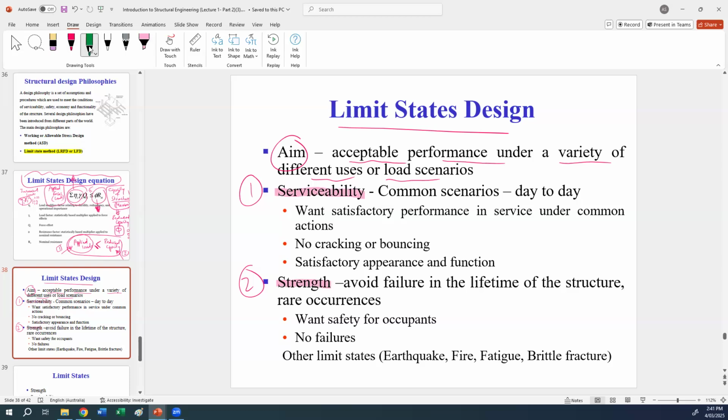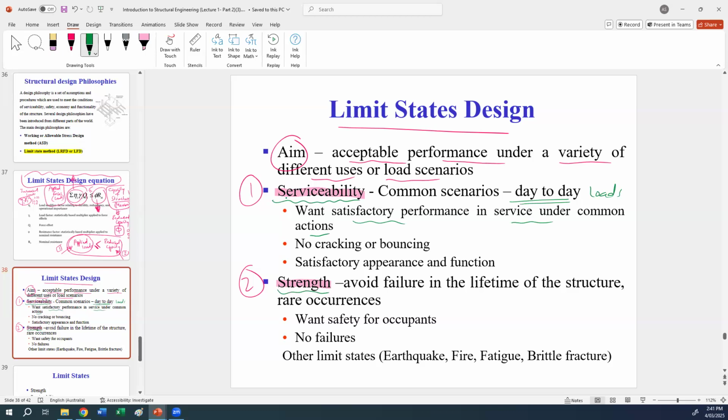So we have two types of limit state design: the serviceability limit state and the ultimate limit state. The serviceability limit state deals with day-to-day loads, so it is dealing with normal loads. Serviceability means we need satisfactory performance under common actions.